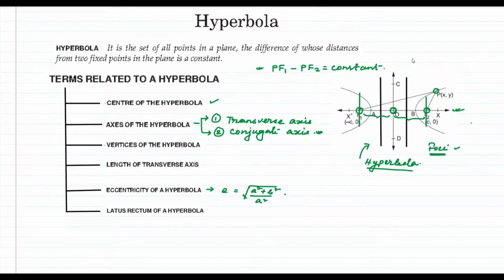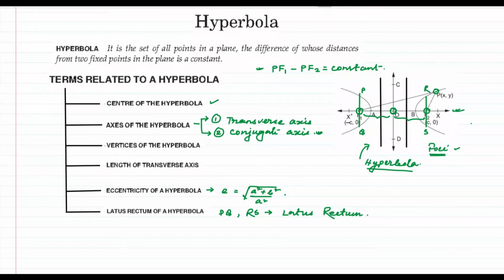So here if I give the names PQ and RS, PQ and RS are the latus rectum. And the length of the latus rectum is equal to 2b square by a. One more thing is the directrix of the hyperbola.